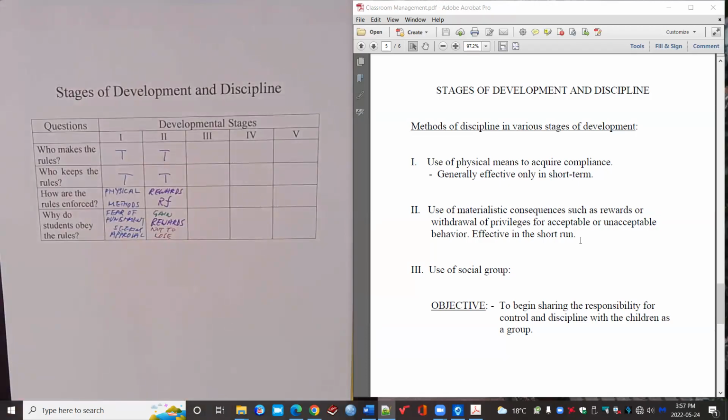Okay, so that's stage 2. Stage 3. Stage 3 here, use of what? Social group. For example, use of a social group to promote individual conformity to the group norms and classroom rules.